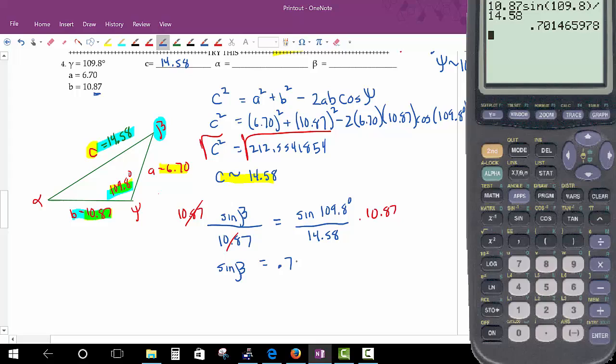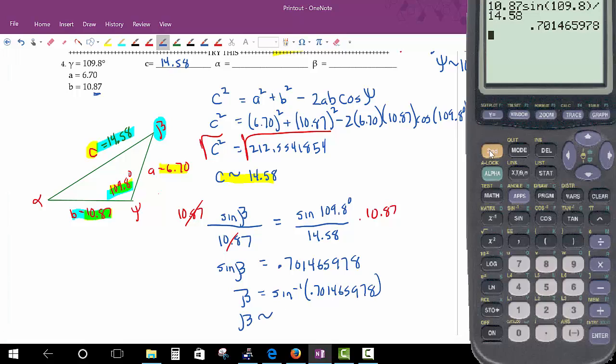That will be 0.701465978. Now we do the inverse sine since we're trying to find the angle. Using the answer key, inverse sine gives approximately 44, and let's round this off to one decimal. So we'll say 44.5 degrees for angle beta.